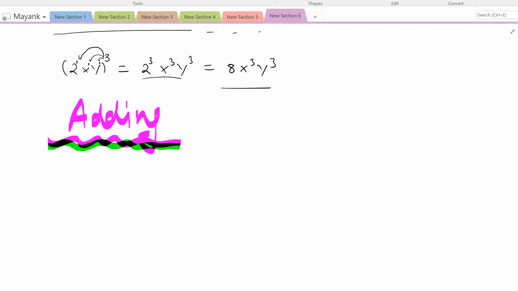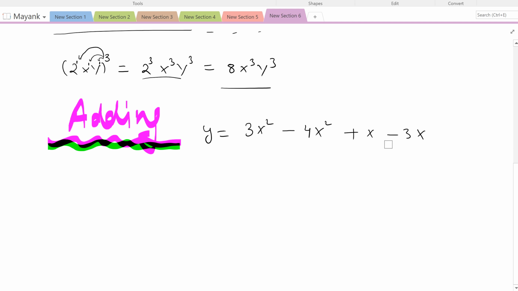For adding them, for example, 3x squared minus 4x squared, let's say plus x minus 3x. Now, let me call it y. Y equals this whole thing. Y is that term minus this term plus that minus that.